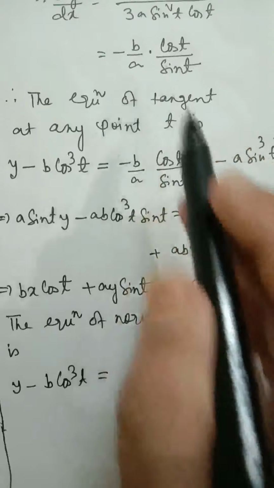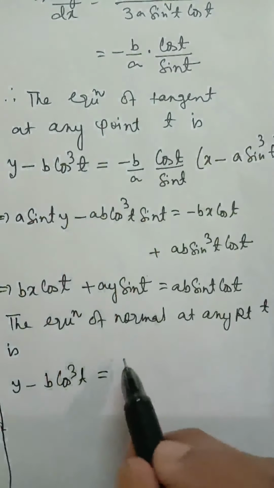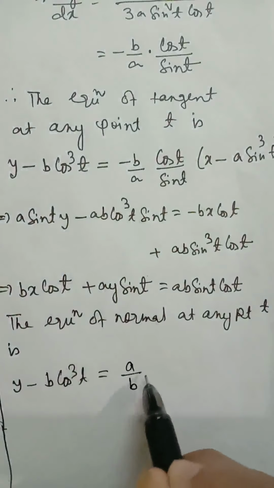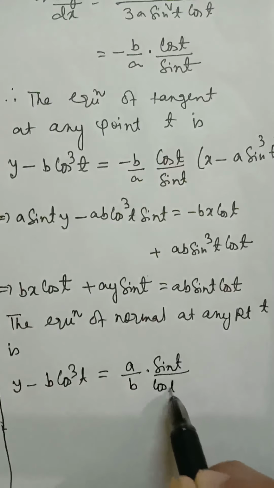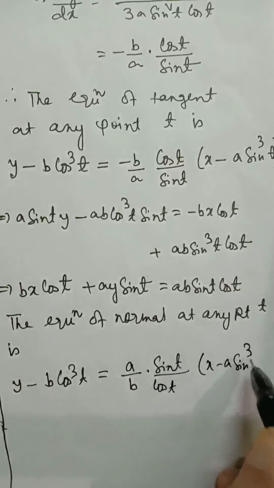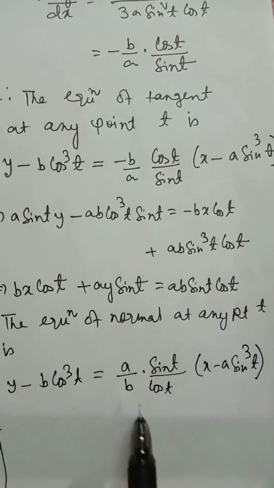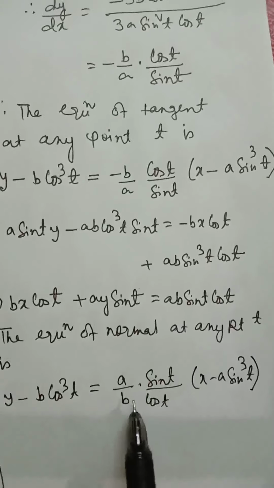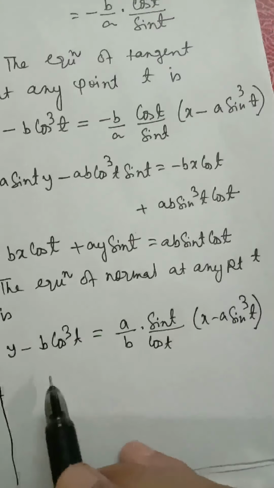This is the value of dy by dx. Minus 1 by dy by dx will be, the minus sign will become plus, a by b into sin t by cos t, into x minus a sin cube t. So y minus y1 equals minus 1 by dy by dx into x minus x1. This is the equation of the normal.